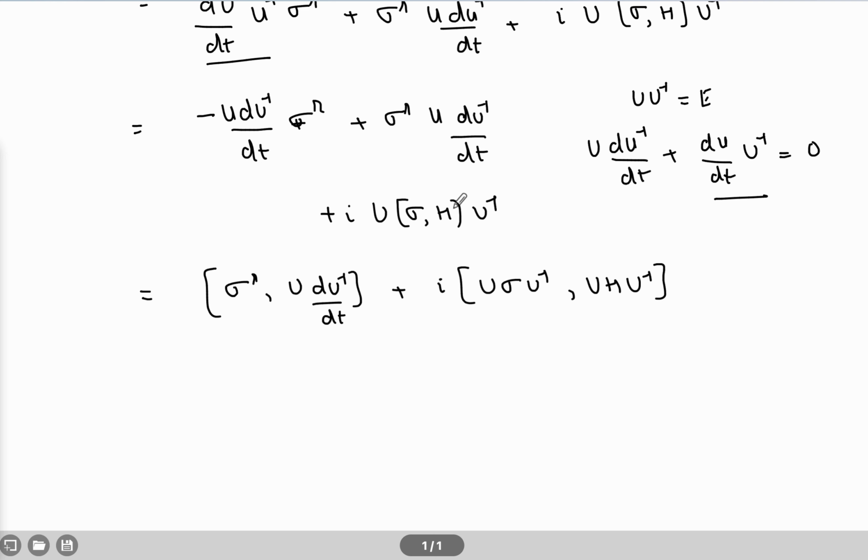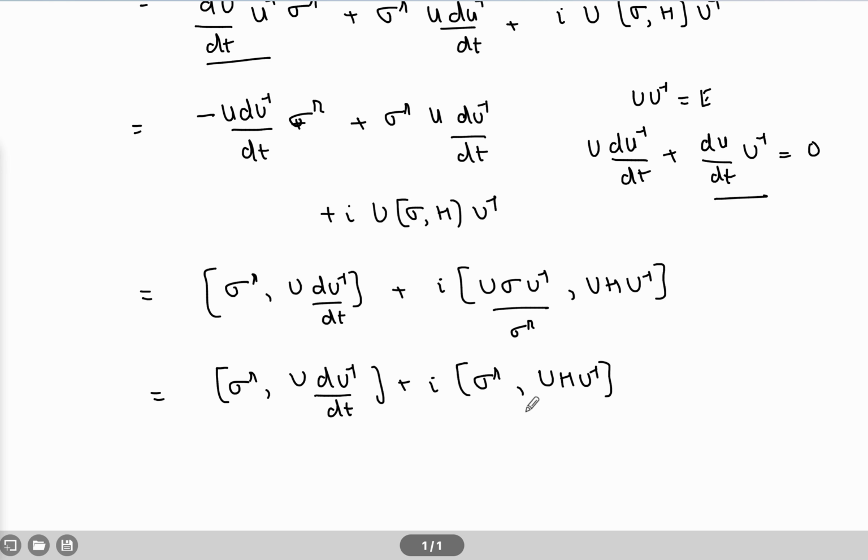All I've done is taken the U inverse inside the commutator. Now this term becomes equal to sigma r, so I can write this as sigma r U dU inverse/dt plus I sigma r U h U inverse, right? Now I can put minus I squared here so that I can take I common.